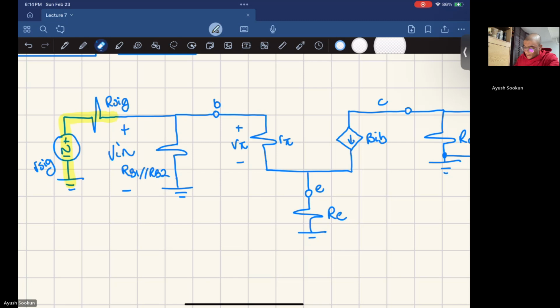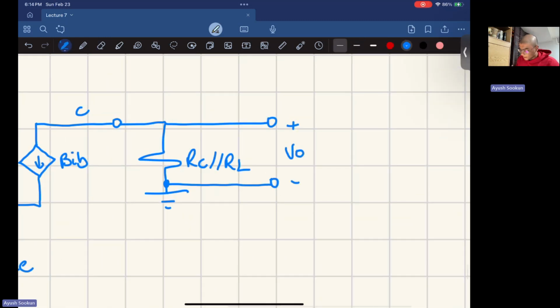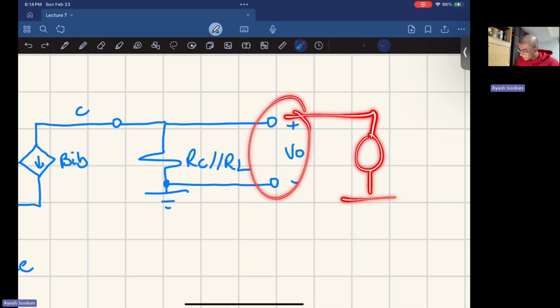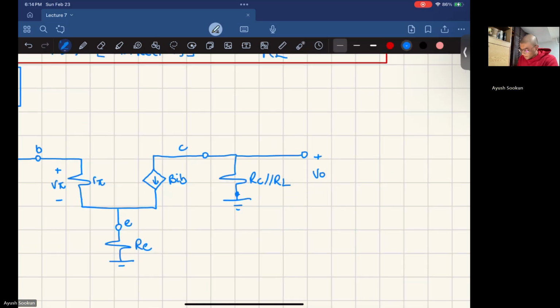Okay. And now what that means is I'm trying to find the output resistance. So I need to go to the output, which in this case is right here, and connect a V here, and give it one input, 1 ampere current. So that's what I'll do.